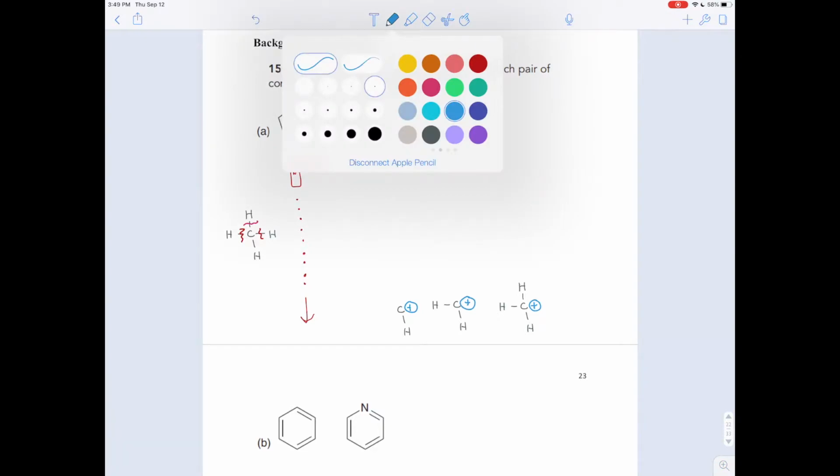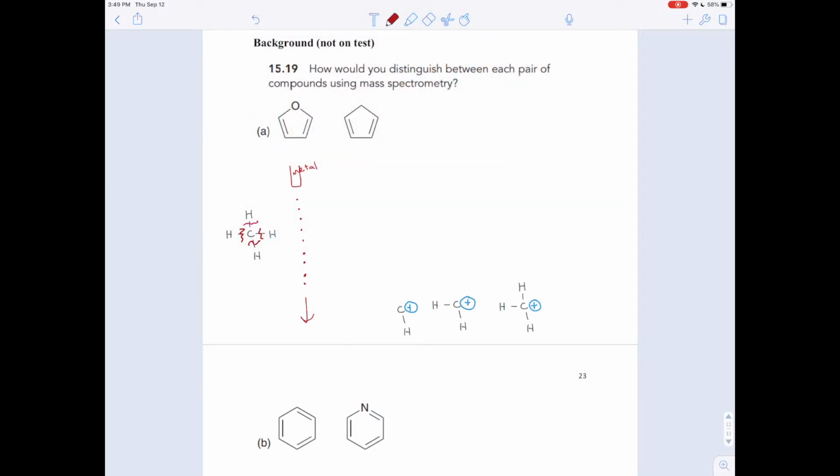Or you could imagine the most unlucky of all, 4 bonds get hit by these electrons as it passes through the beam, and you're just left with a carbon atom that has a positive charge on it. So now you have all these species, all these molecular guts traveling in a stream.